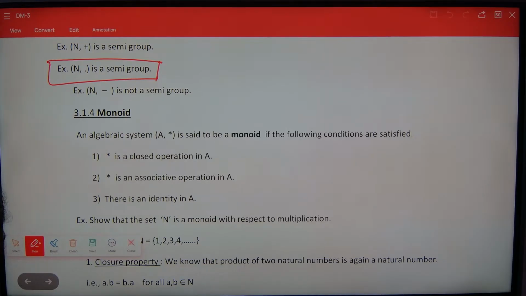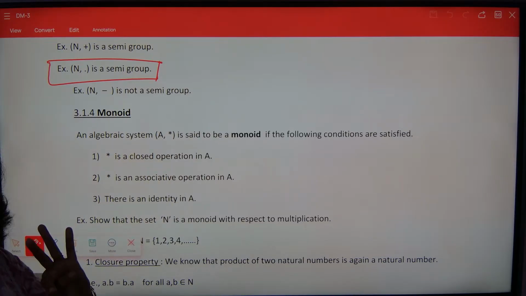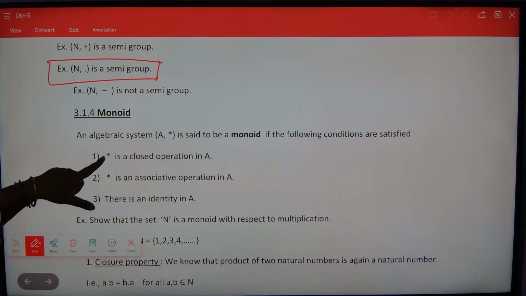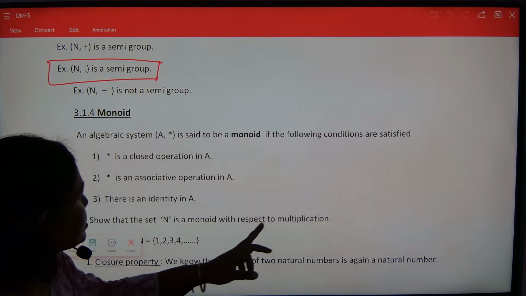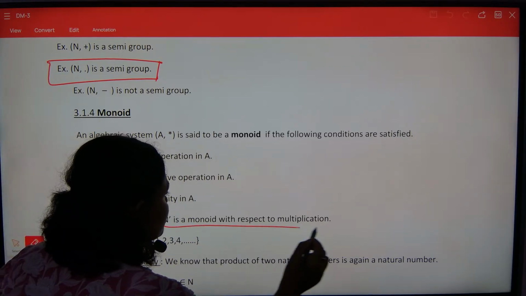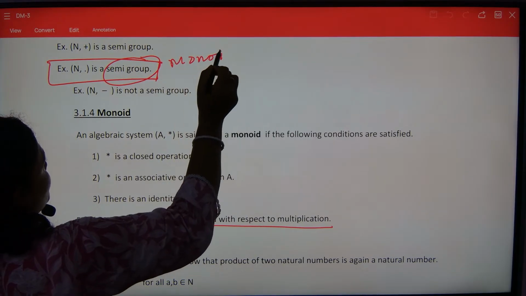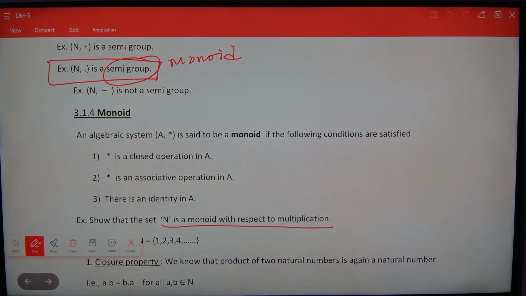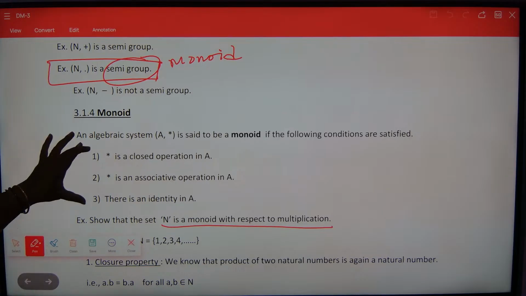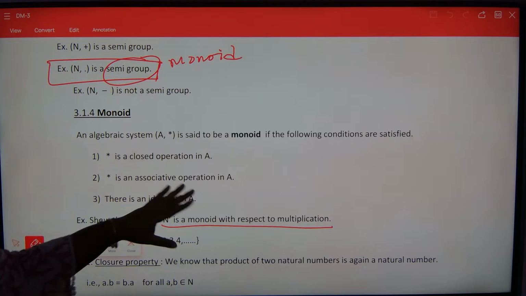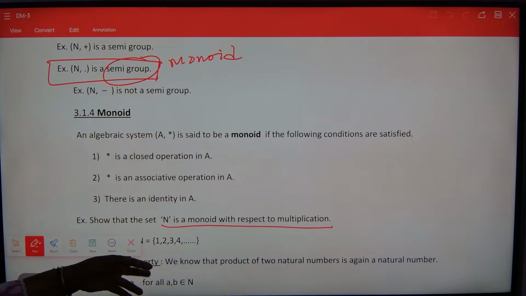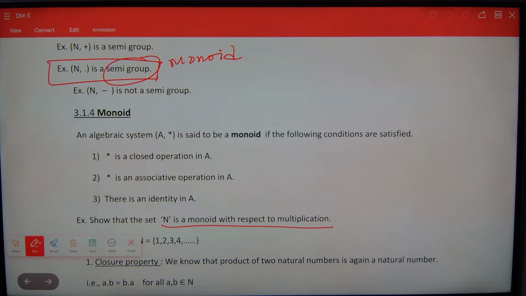Yes or no? It has identity. Yes. So we have three properties there. With three properties we have a monoid. So N is a monoid with respect to multiplication. Pay a little attention to these things. When it satisfies the 3 properties, closure, associativity with identity, then that set is called a monoid.